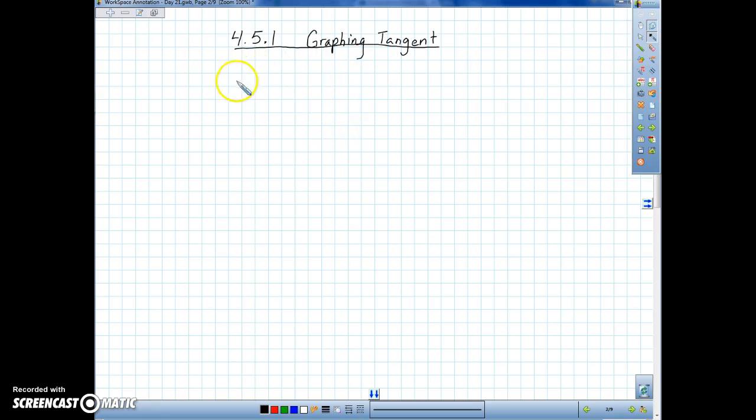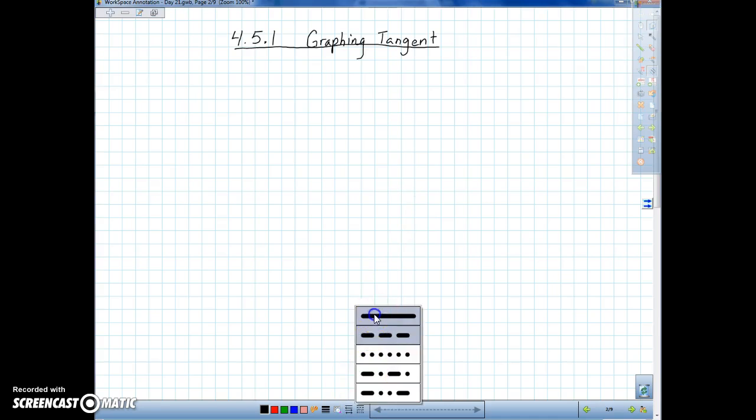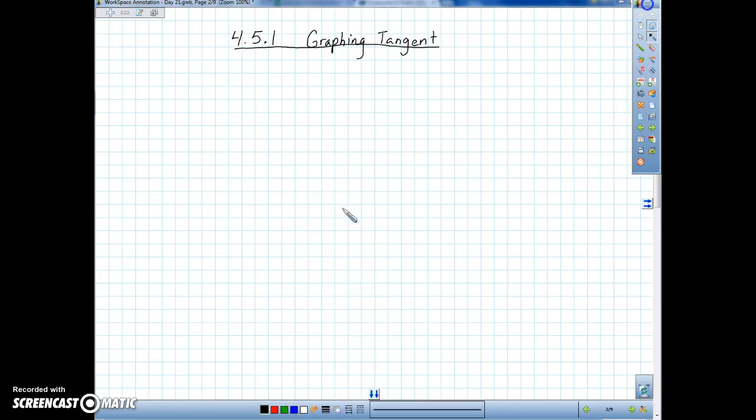The first thing we want to do is establish what tangent does as we increase the angle. So let's go ahead and plug in some values. If you look at your unit circle and you were to take the tangent of 0 degrees, it is equal to 0.